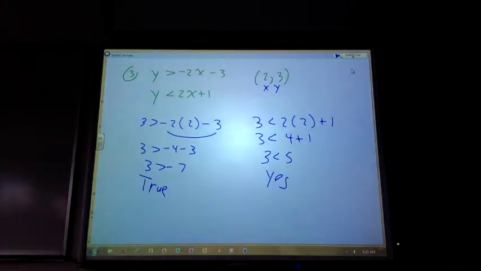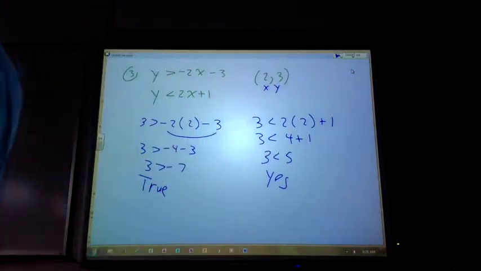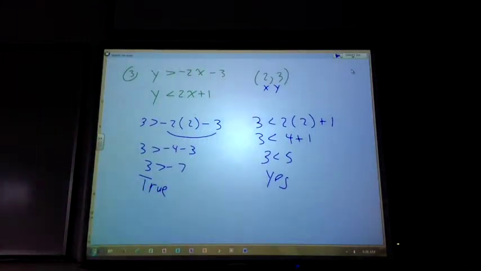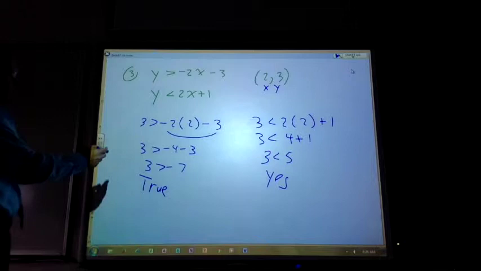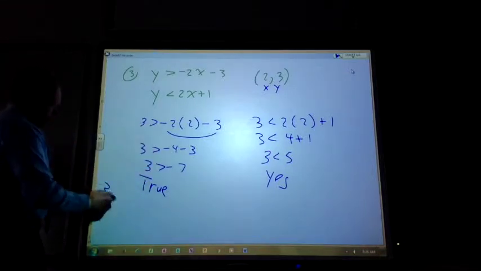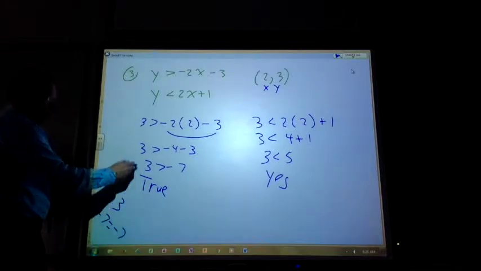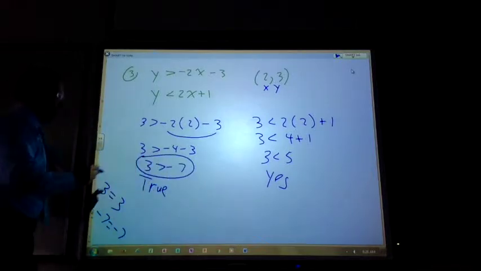But does it fall on the line itself? What do you think? So in order for these to fall on the line, this would have to read like 3 equals 3. Or negative 7 equals negative 7. This just gives us a true statement.